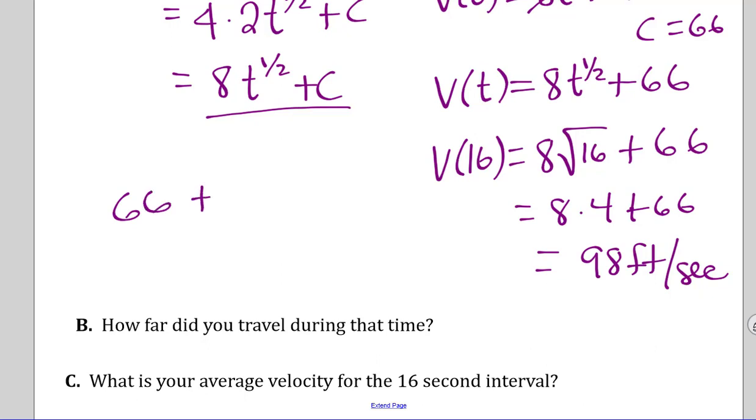And then to get the displacement, we would basically integrate from 0 to 16, V of t dt. So that's another way we could have approached this problem, and we would get the same answer.